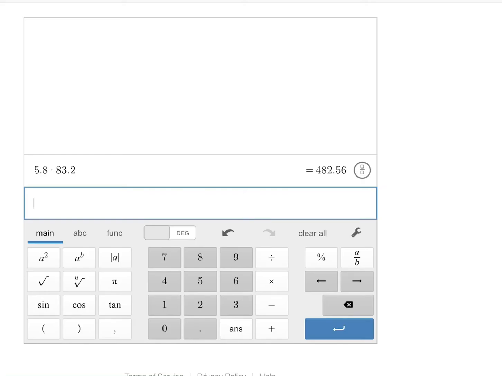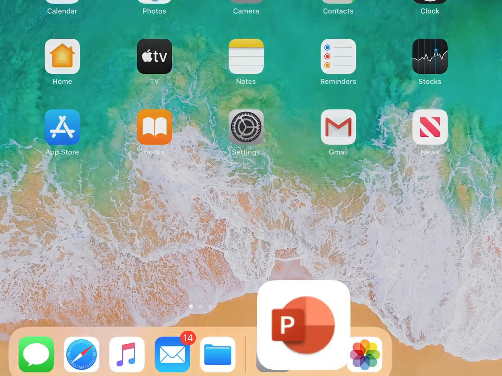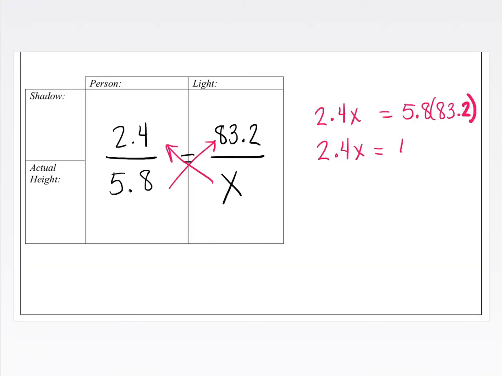So I'm going to take this 482.56 and write that in. 482.56. Now we just have a one-step equation. Since this is 2.4 times x, we're going to divide both sides by 2.4. Remember, what we do to one side, we have to do to the other.